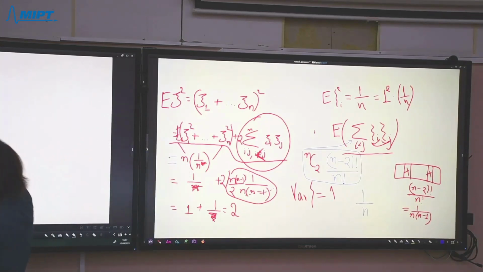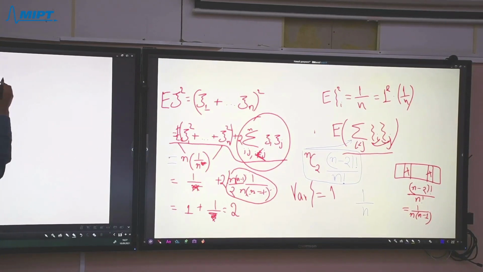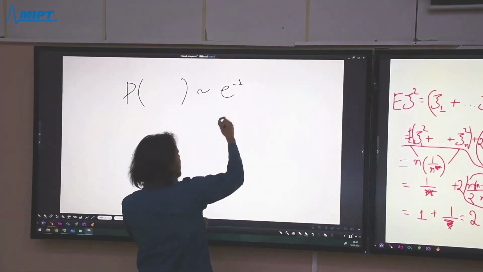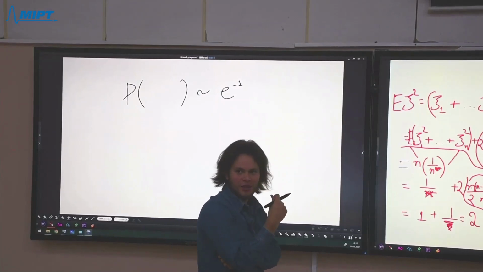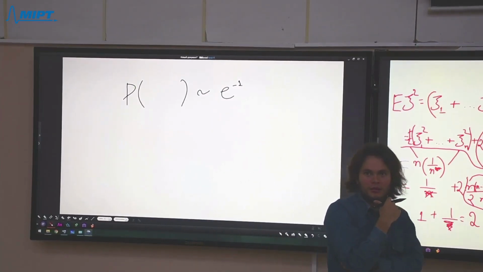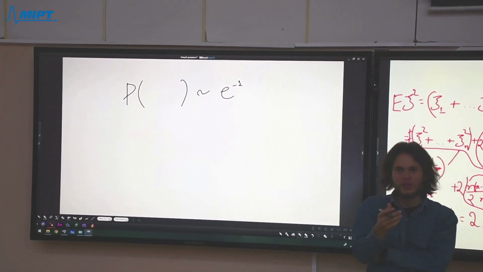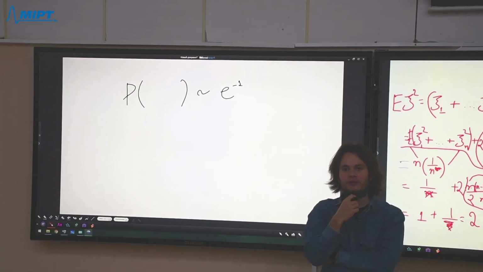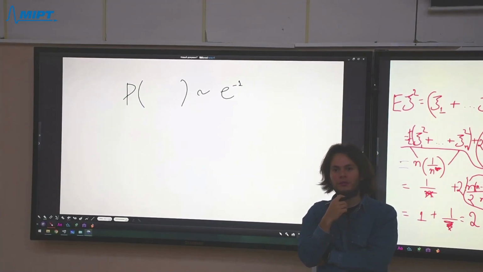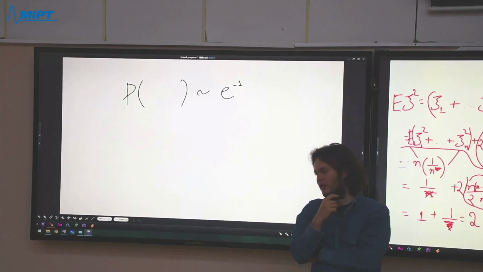Yeah, so we get something like e to the minus 1. Oh, no, wait. Yeah, the inclusion-exclusion formula. We use it. Expected value here.